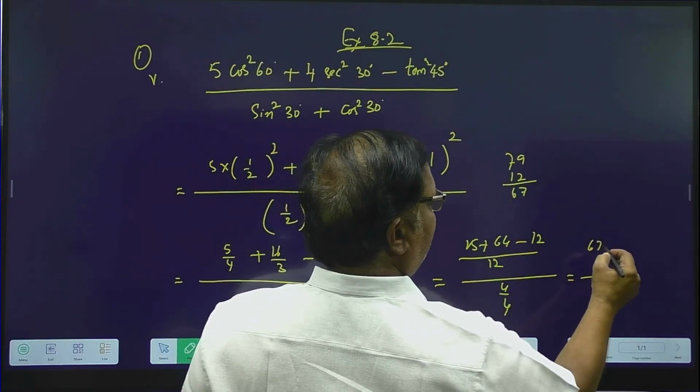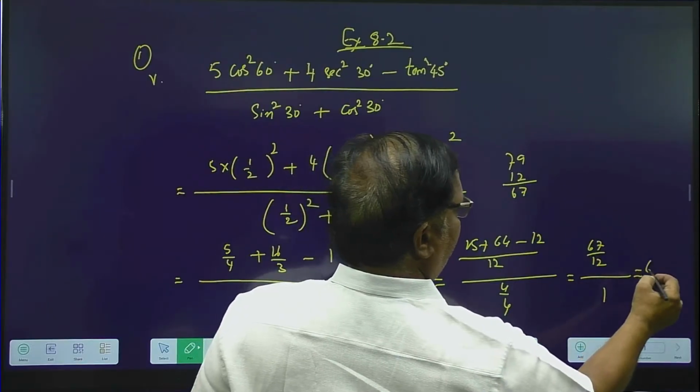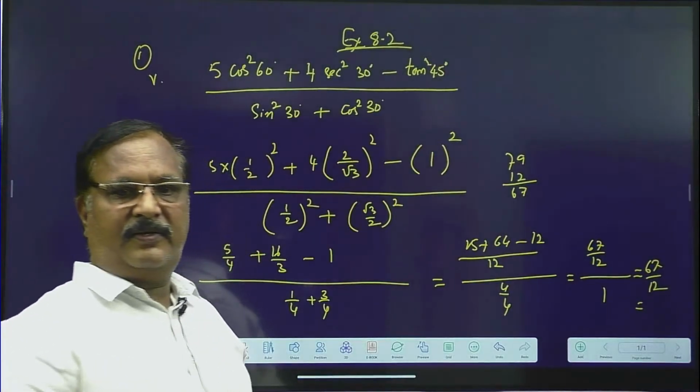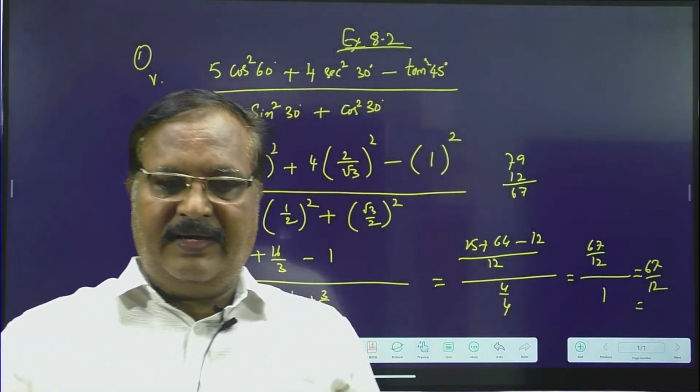So 67 by 12, which is equal to 5 7 by 12. That is the answer. Okay. So a very easy question.